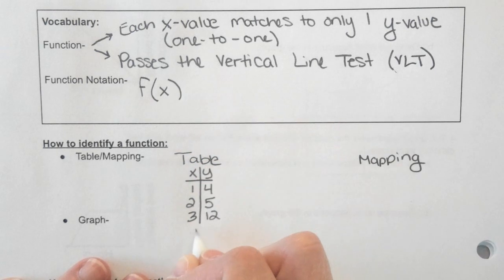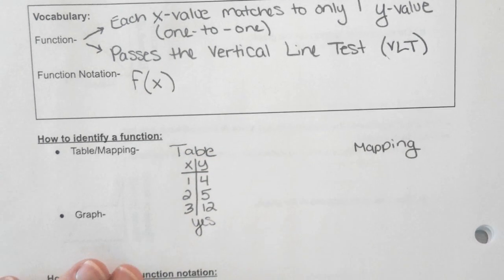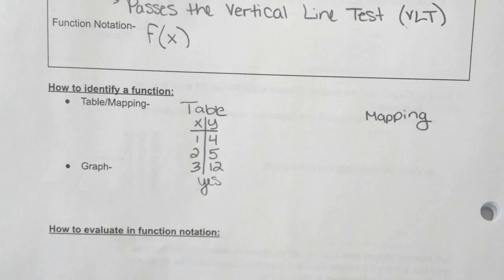Is this a function? Yes, this one would be a function. How do I know? Because each x only occurs once. It's not occurring more than once. So you're looking at the x column and seeing if you have something that comes up more than once.